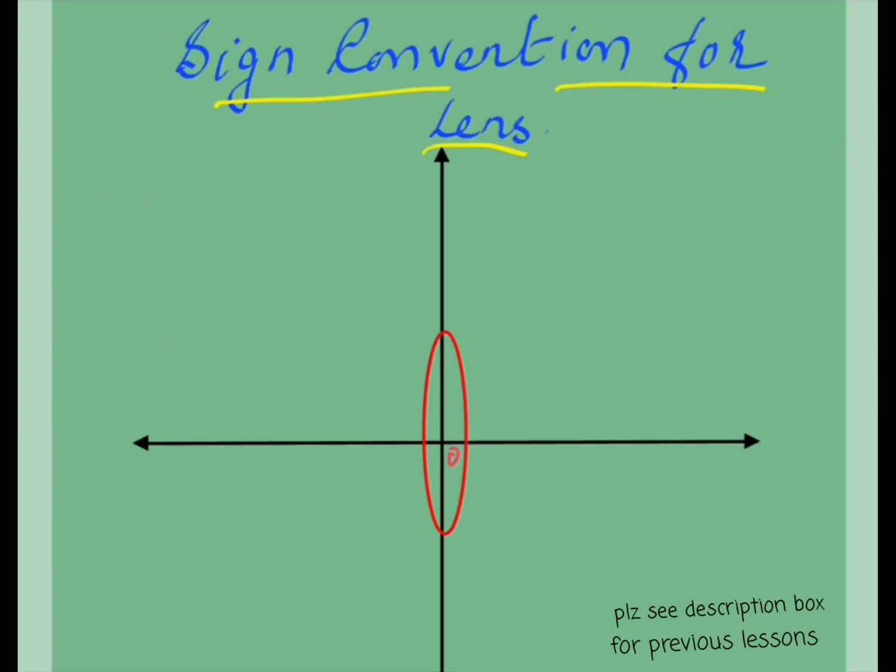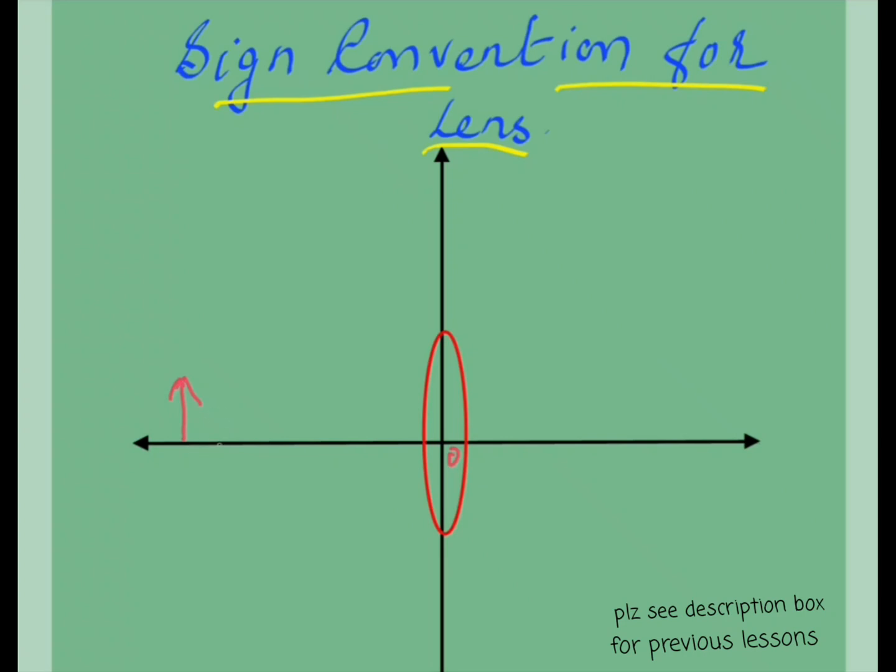First, here I have shown a reference line and one convex lens, and the point O is the optic center of the given convex lens. Now if you are placing an object, we place the object in front of the lens, and always, to go along with the convention, we place the object on the left side of the lens.